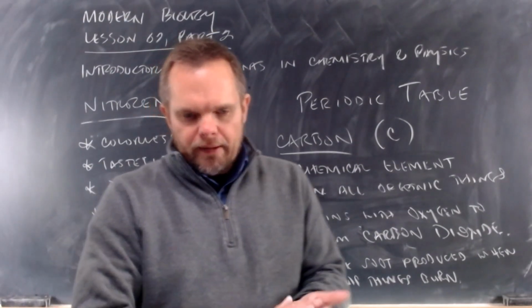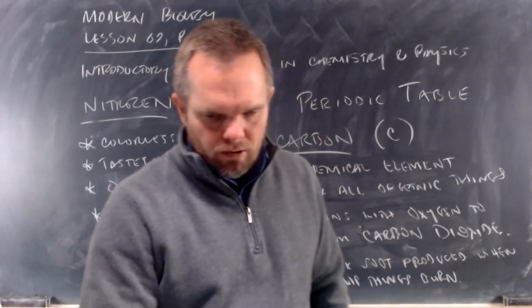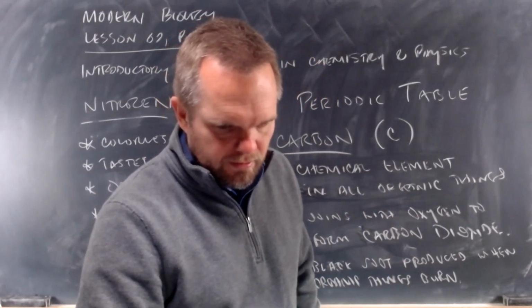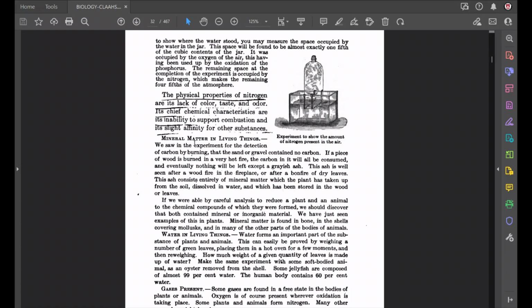The next topic in our textbook says mineral matter in living things. We saw in the experiment for the detection of carbon by burning that the sand or gravel contained no carbon. If a piece of wood is burned in a very hot fire, the carbon in it will all be consumed, and eventually nothing will be left except a grayish ash.